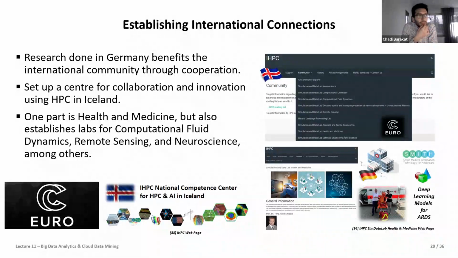In this case, we've collaborated a lot between the Yale Supercomputing Center and the University of Iceland. Our part of it is the AI for Health and Medicine Simulation Data Lab. This is the lab that Morris and I and some members of the medical community in Germany are working in. And we're setting up collaborations with Iceland, but also within Germany and within the European Union.